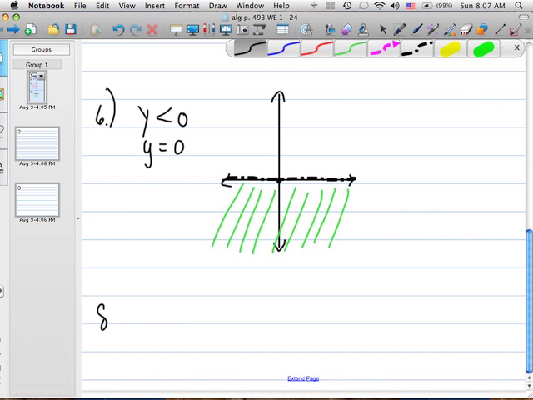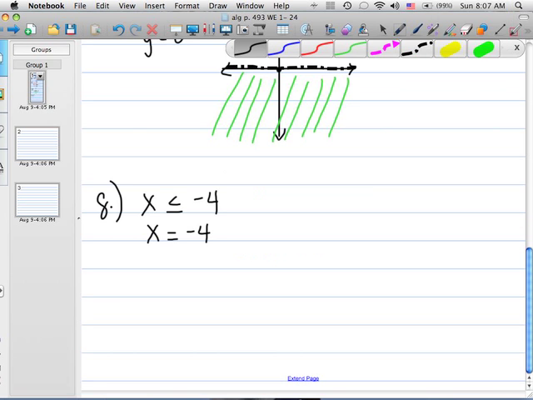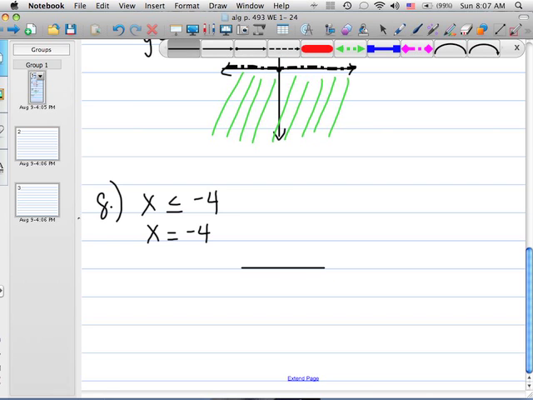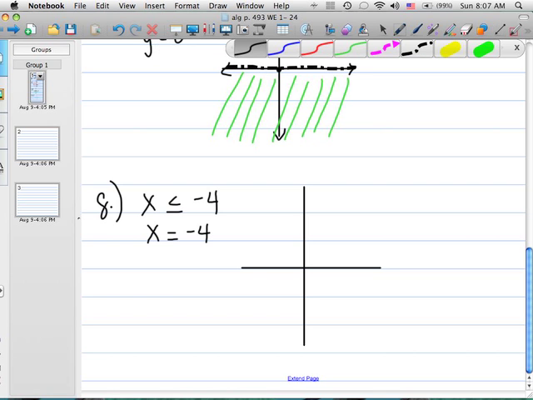Number 8, we have x is less than or equal to negative 4. The boundary equation would be x equals negative 4. Remember, that's a vertical line again. So make your coordinate plane. And we're going to find x is negative 4. Put a point there. We know the vertical line's got to go through that.